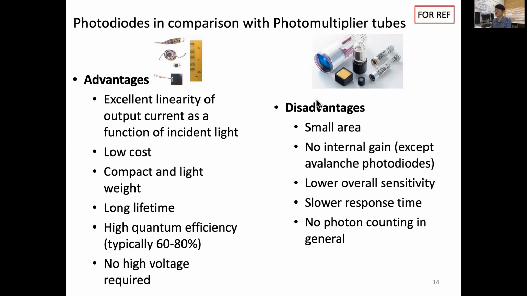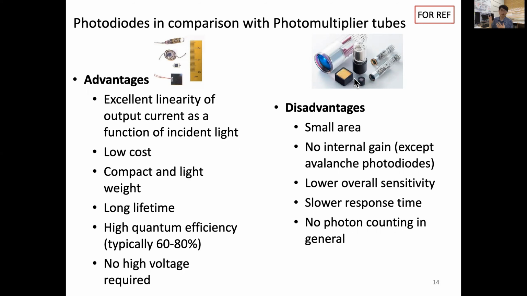Then the disadvantages of photodiode are, of course, advantages of PMT. The active area of a photodiode can be very small, while for a PMT you can make the photocathode pretty big. This is a side view, and this is a frontal view of PMTs. Photodiodes do not have an internal gain except the avalanche photodiode, while PMT has a huge gain mechanism.